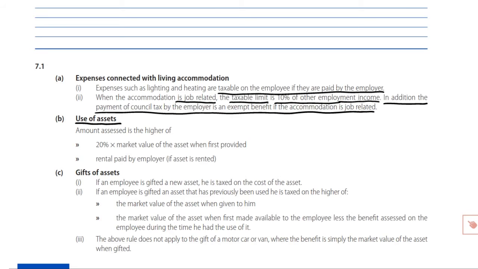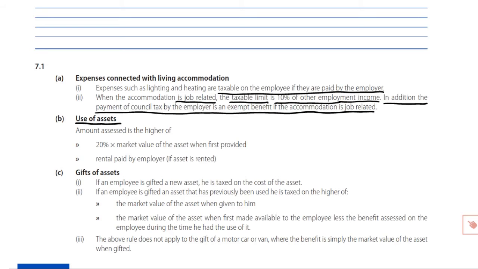Now that job might not be particularly highly paid, but the benefit that attaches to the property could be huge by comparison, and that could give an inordinately high tax charge for the individual, who's actually on a pretty low salary. So where you're required to be there, there are no benefits in relation to the provision of the accommodation itself, no annual value, no expensive accommodation benefit.